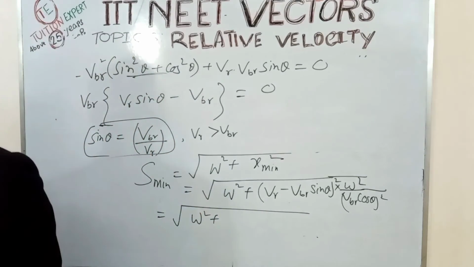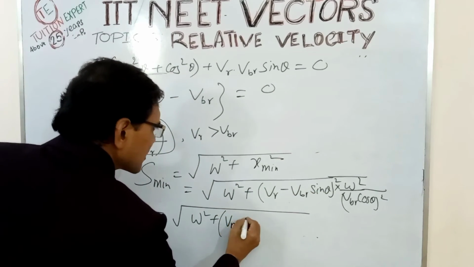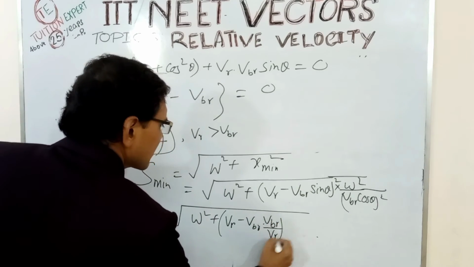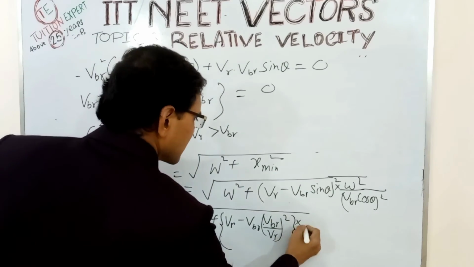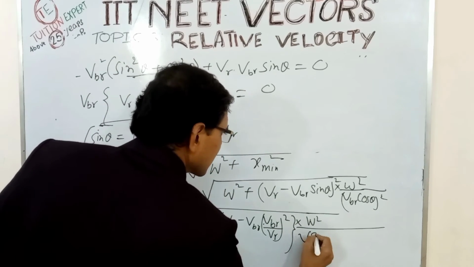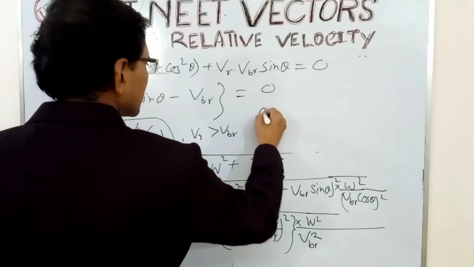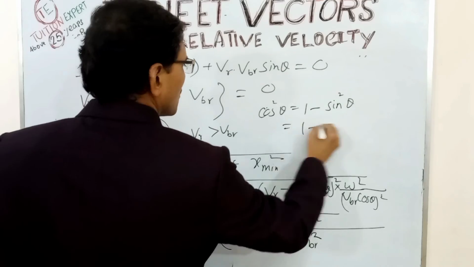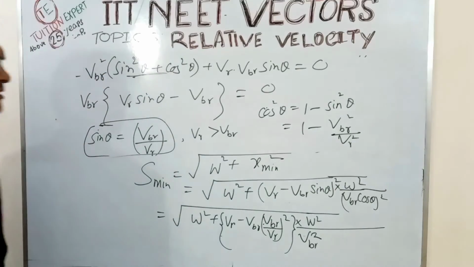W square plus, if we put sin theta equal to this here. Now cos square theta, we know, equals 1 minus sin square theta; sin square theta equals this, put it here.